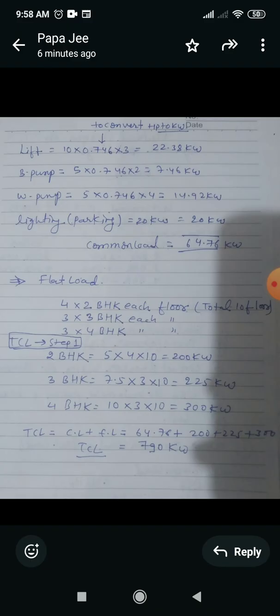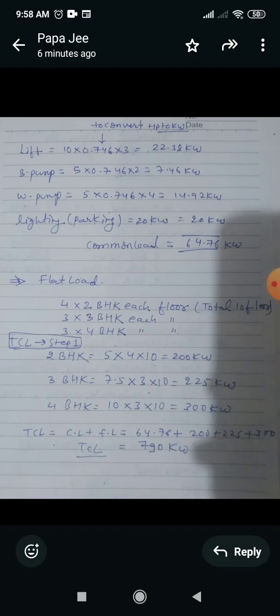For the 3 BHK, the number of floors is 10, 7.5 is the energy meter, and the number of flats is 3. So the total power consumption for the 3 BHK is 225 kilowatt, and for the 4 BHK the same, 300 kilowatt. So we have calculated the common loads and the flats load.